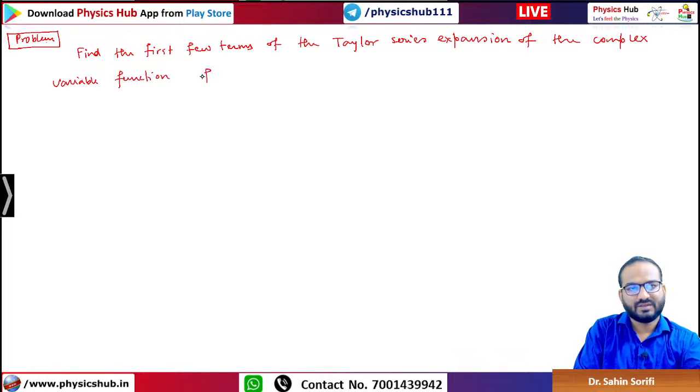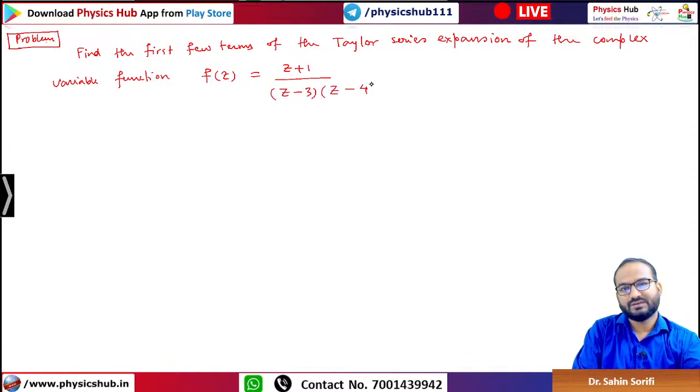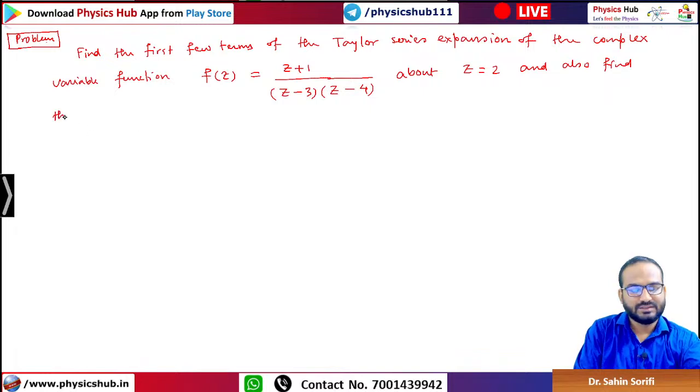The function is given by f of z equals z plus 1 divided by z minus 3 times z minus 4, about z equals 2, and also find the region of convergence.